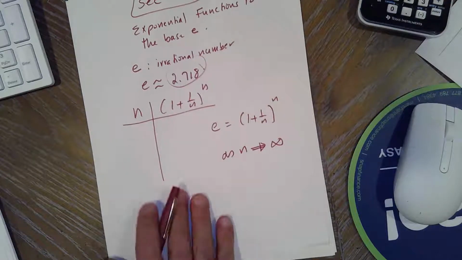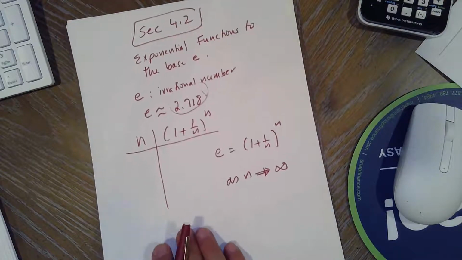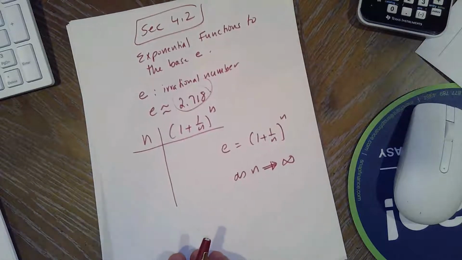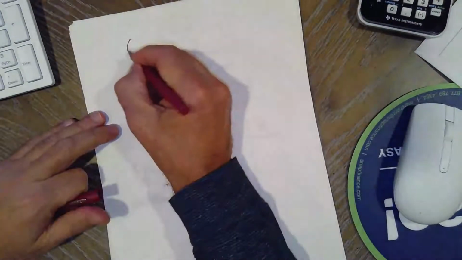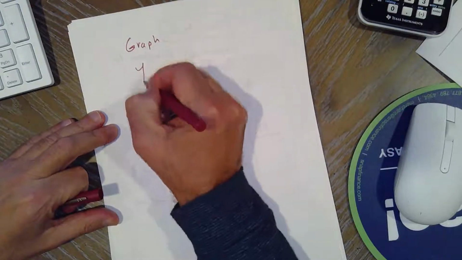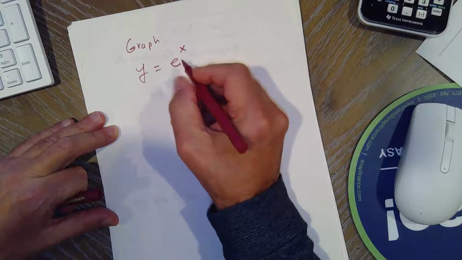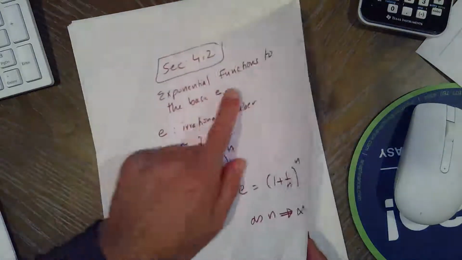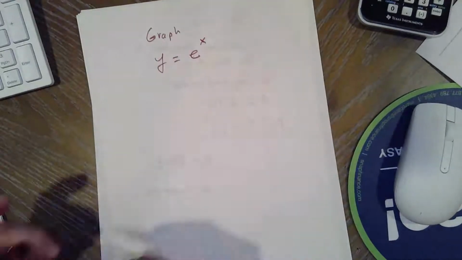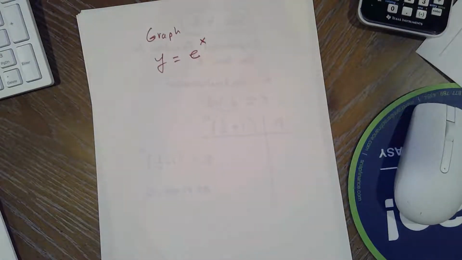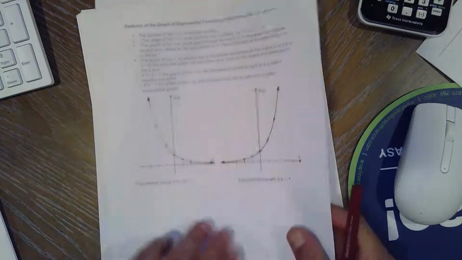All right, so since e is a number which is roughly between 2 and 3, 2.7, if I want to graph y equals e to the x, exponential function to the base e, remember the basic graph of exponential functions?